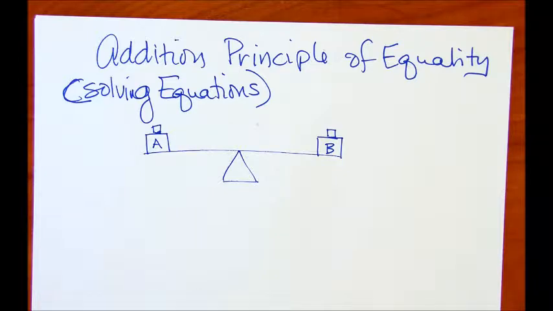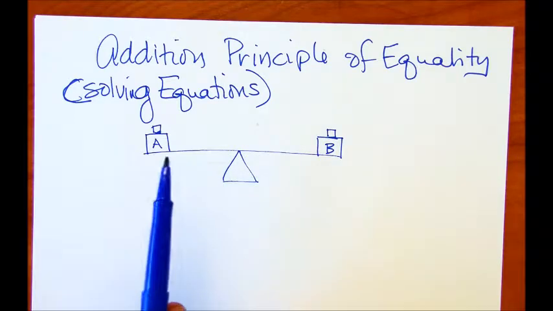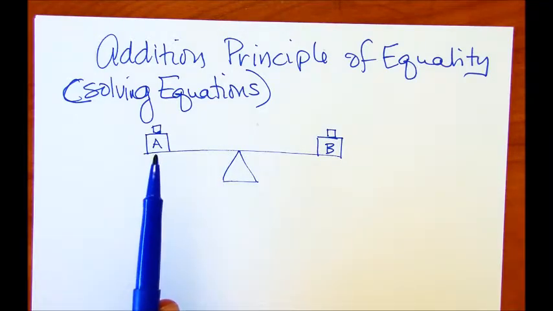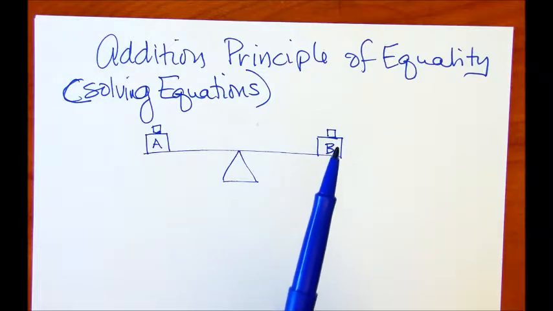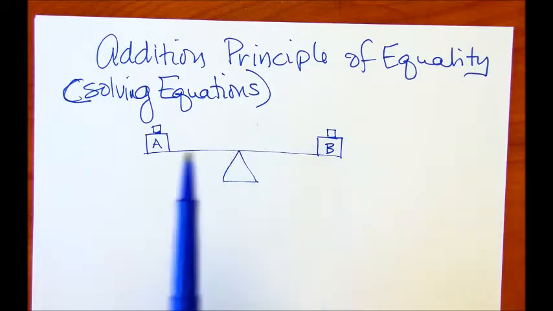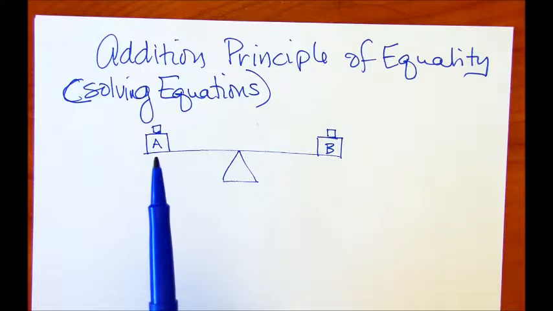What I've drawn here is a balance, which represents a balanced equation. We've got this side over here, the left, with A and B. If I were to add this small box with the A side, and I included that same small box on the right side of the equal sign, then my equation would continue to be balanced.